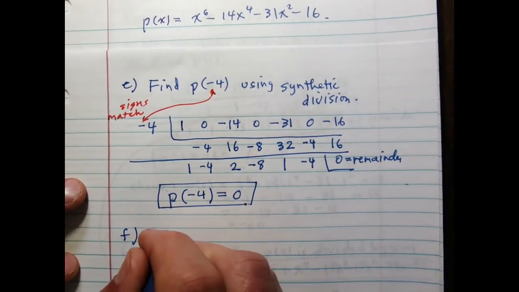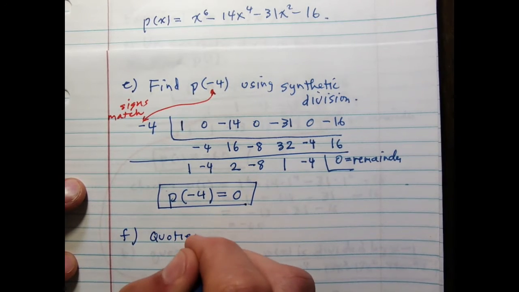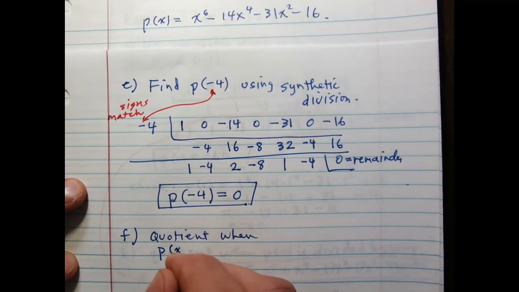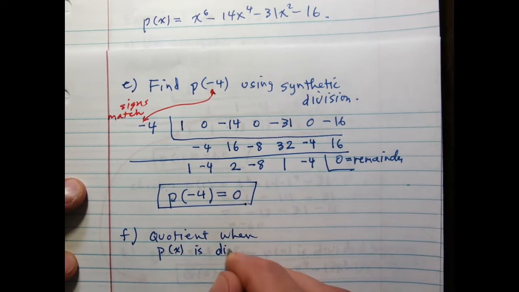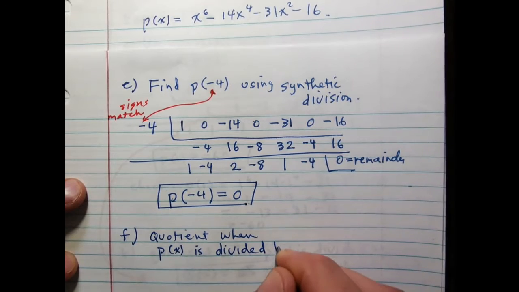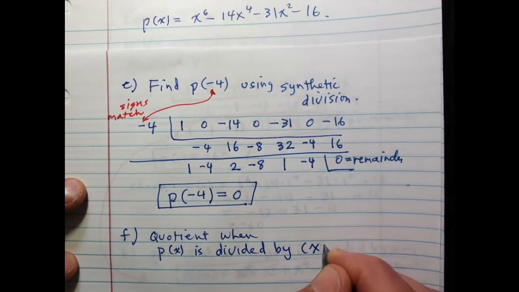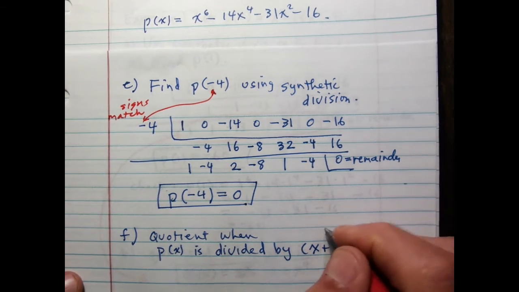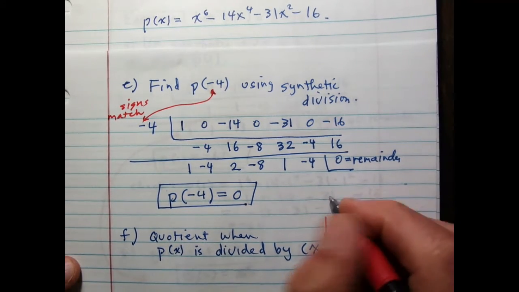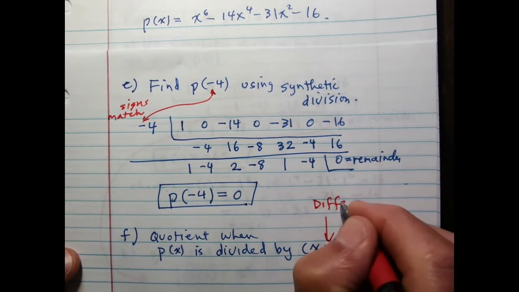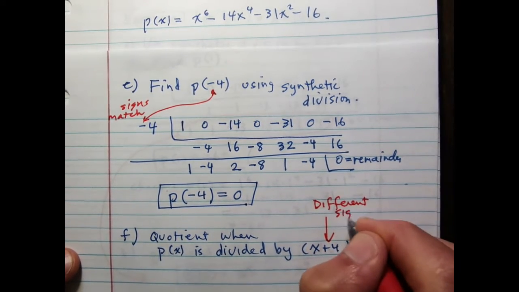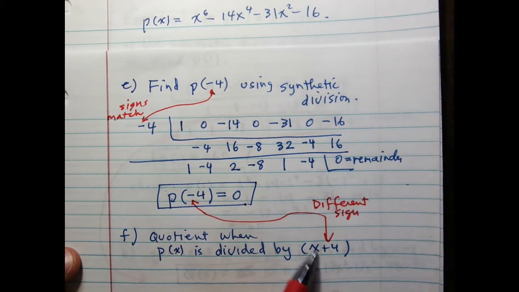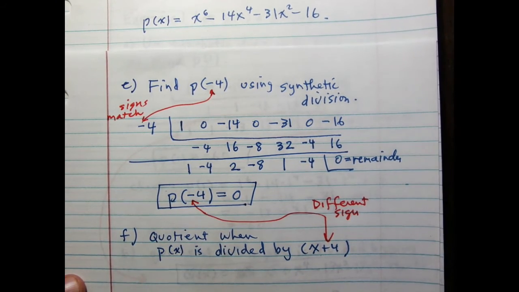Part F is the quotient when P of x is divided by x plus 4. So this sign is always different. So these go together, right?